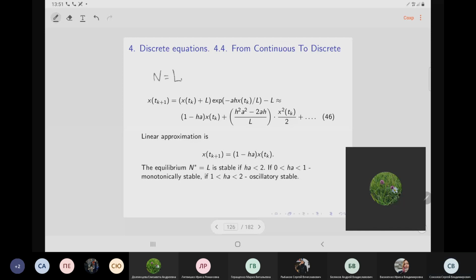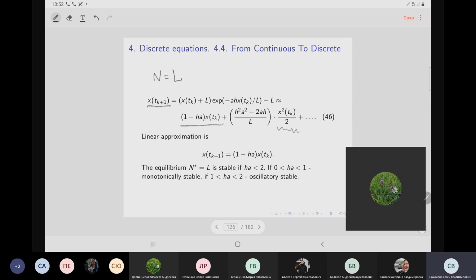Using Taylor series expansions, we can rewrite the exponent in the right-hand side into a series. And finally, we get x of tk plus 1 is (1 minus AH) x of tk plus something of the second order.